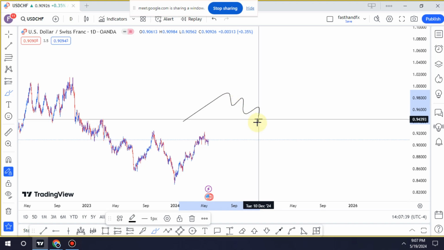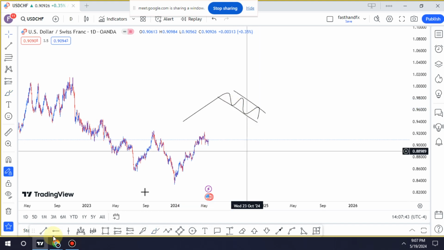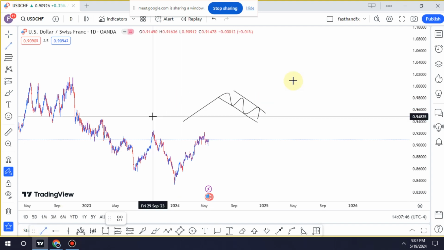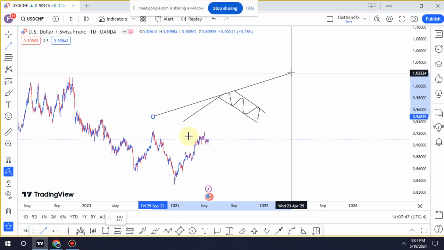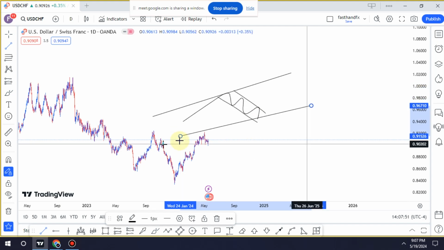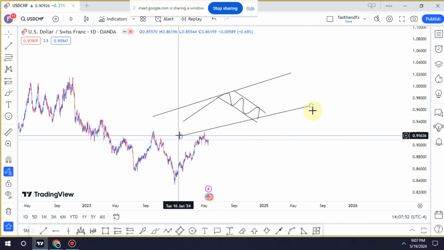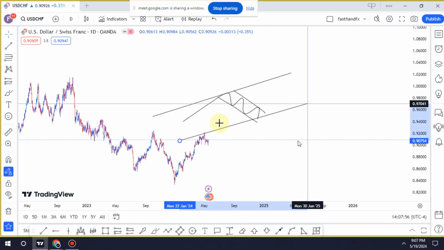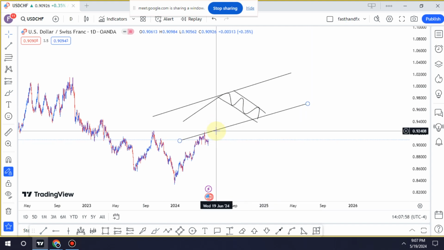Now this is a bullish flag. Remember, of course, you can add your trends, something like this and something like this. Now once you identify a continuation pattern just like this, then you go to the lower time frame. Of course, that is when you start looking for entry position.